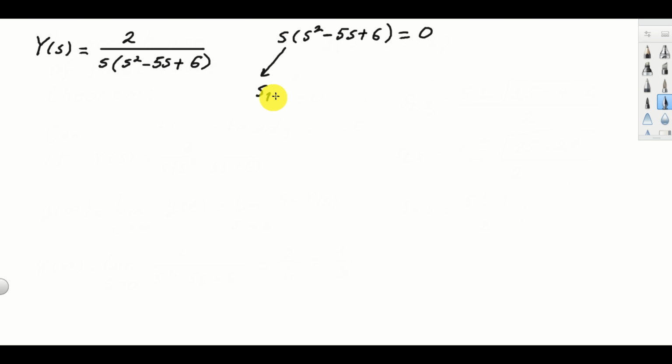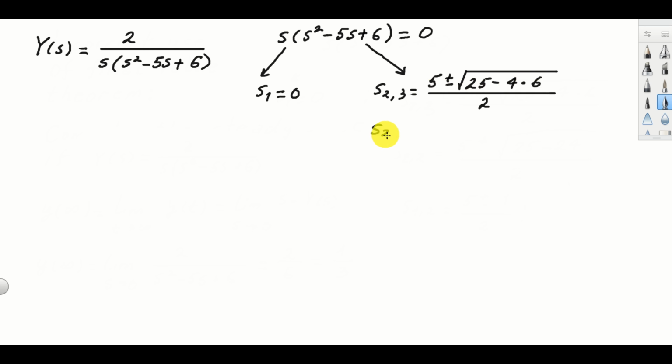So what are the poles? The first pole, s1, is equal to 0, and the second and third poles are the zeros of this quadratic equation. By applying the quadratic formula, s2,3 are 5 plus or minus the square root of 25 minus 4ac, that is minus 4 multiplying 6, divided by 2.